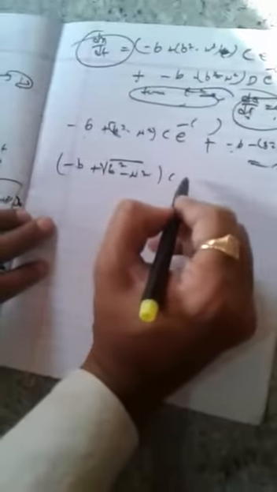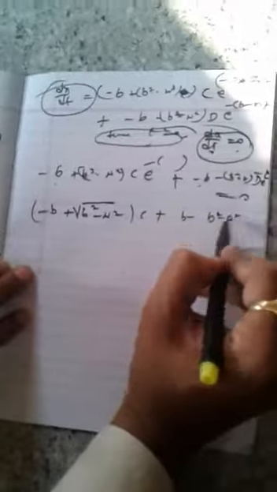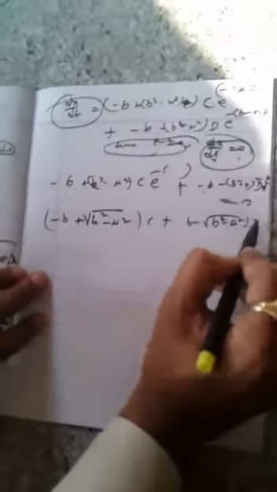So we can take the common factor here. What will we take common here? Minus b, plus square root of b square minus omega square, into c, plus minus square root of b square minus omega square into d, equal to 0.